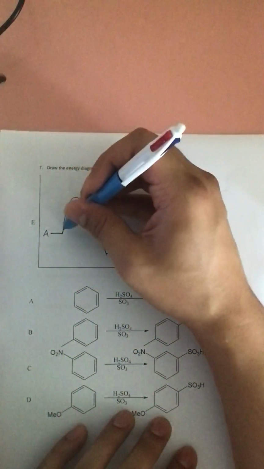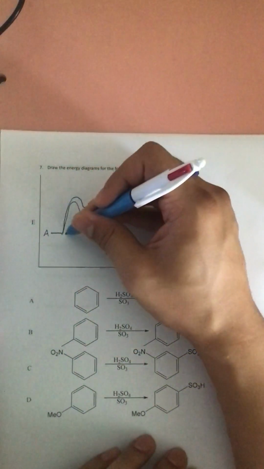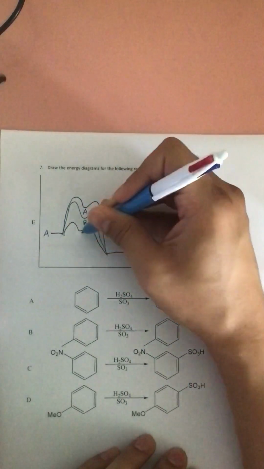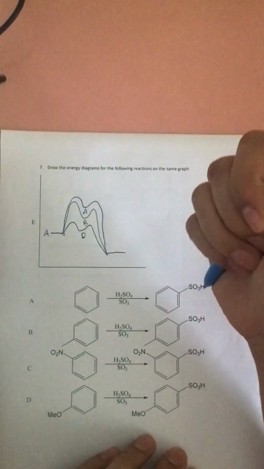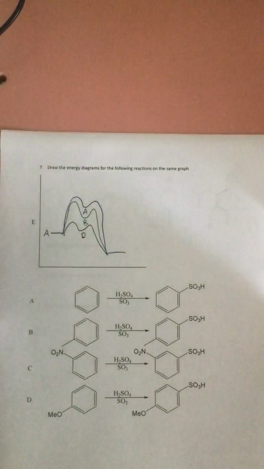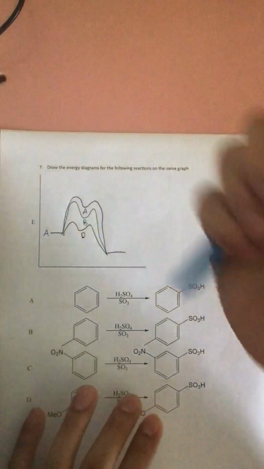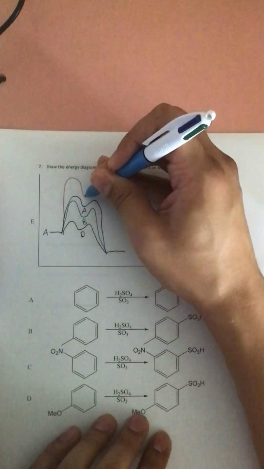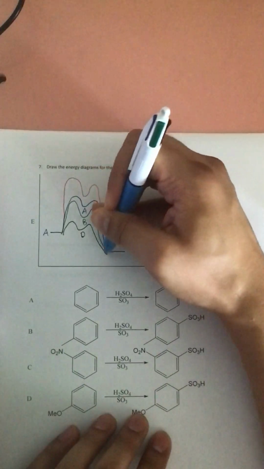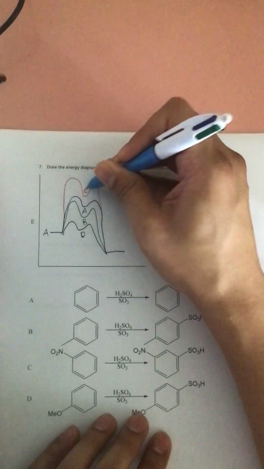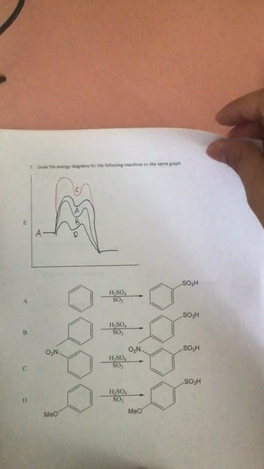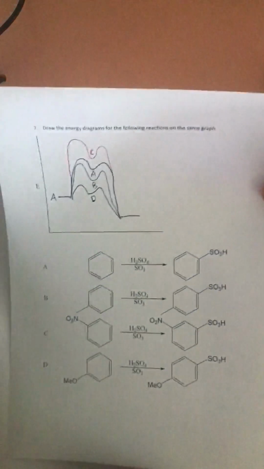C should react slower. So I'll do D. It should react even faster. Is it really going to be that low? Probably not. And then C is going to react slower. So that's the way those energy diagrams go. Make sure you can draw your energy diagrams.